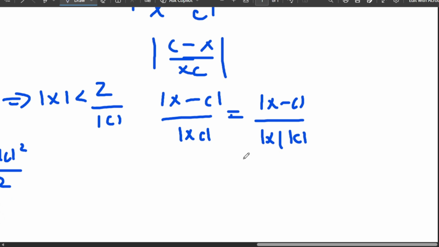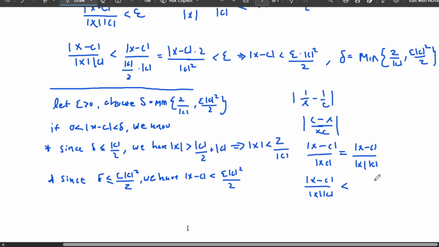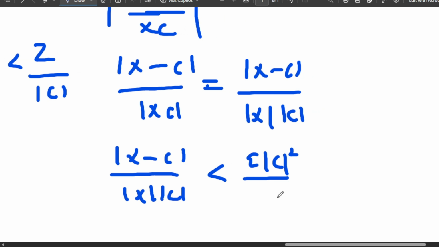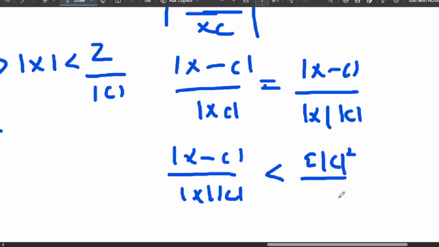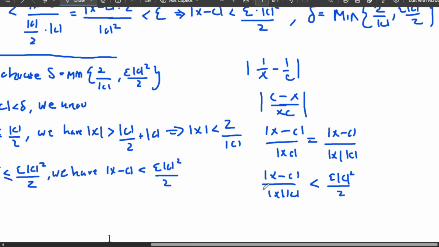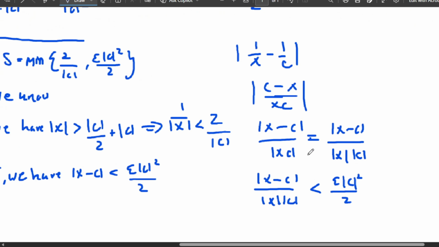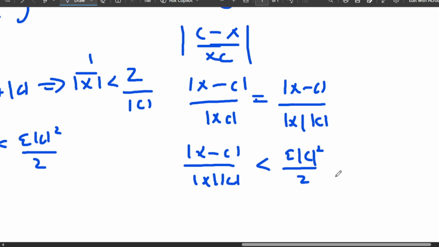And we know that |x minus c| must be less than epsilon |c| squared over 2. Oh, sorry, 1 over |x| must be strictly less than 2 over |c|.